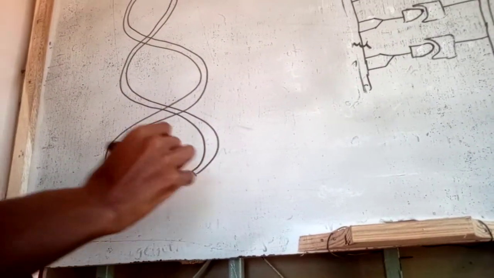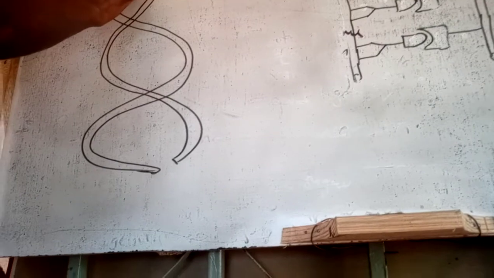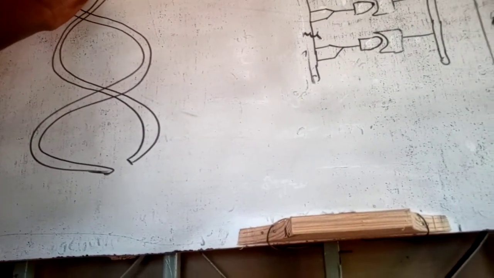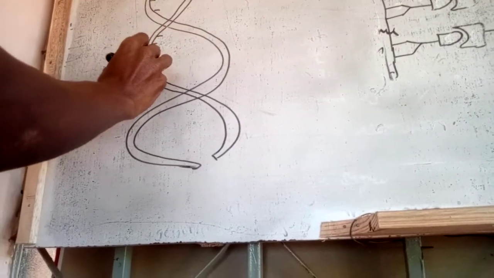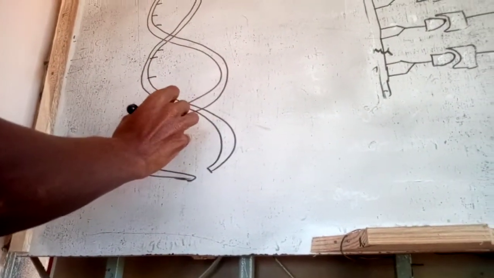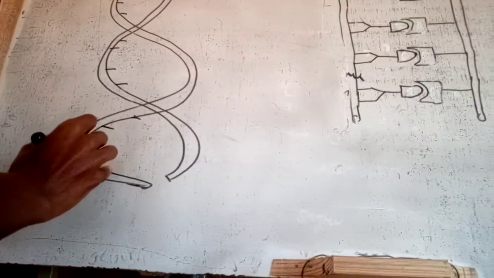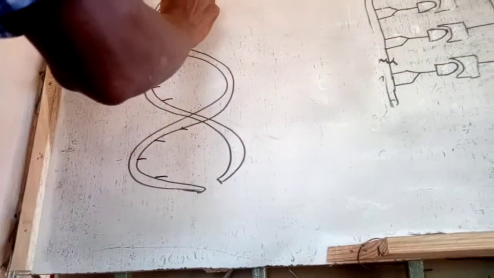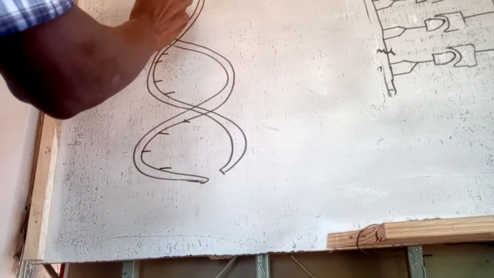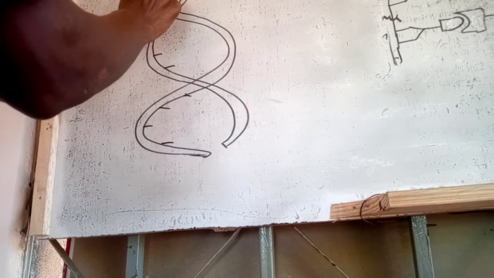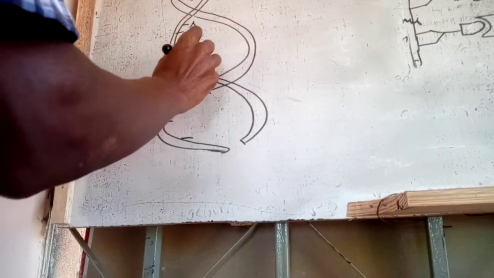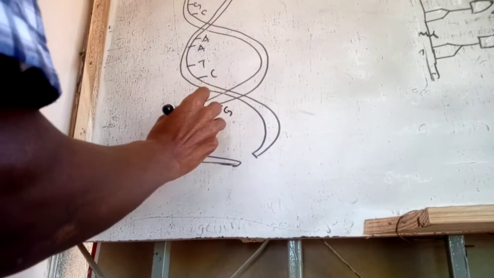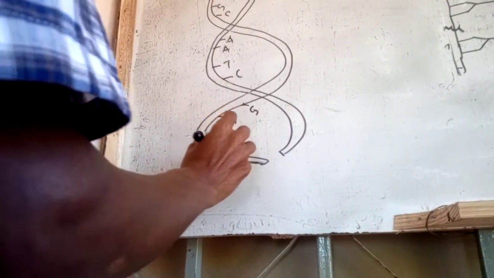They are zipping up together, and on one side I will have the nitrogenous bases, for example diamine, adenine, guanine, cytosine, adenine, diamine, cytosine, guanine, adenine, diamine, cytosine.